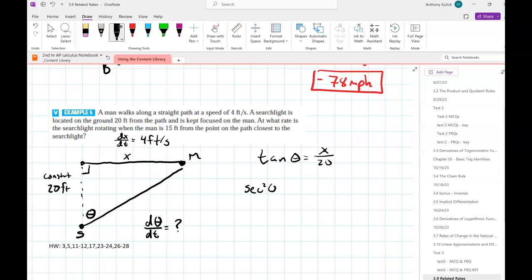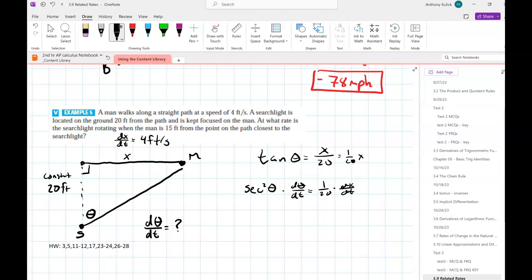Secant squared theta d theta dt, thank you. And what's the derivative of x over 20? What if we write this as 1 over 20 times x? Would that make it easier to see what to do? 1 over 20 dx dt.